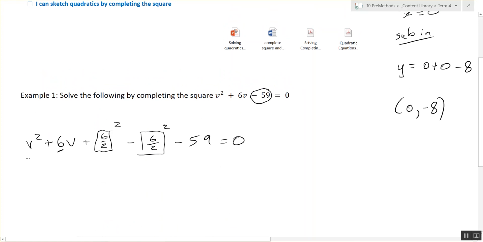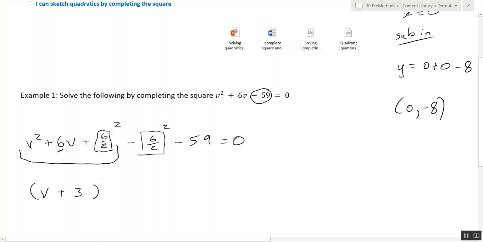Okay, so now let's just look at this first. This bit here, we're going to turn it into brackets. So the v squared just becomes a v, because we're factorizing. And this number inside the square is what's left.